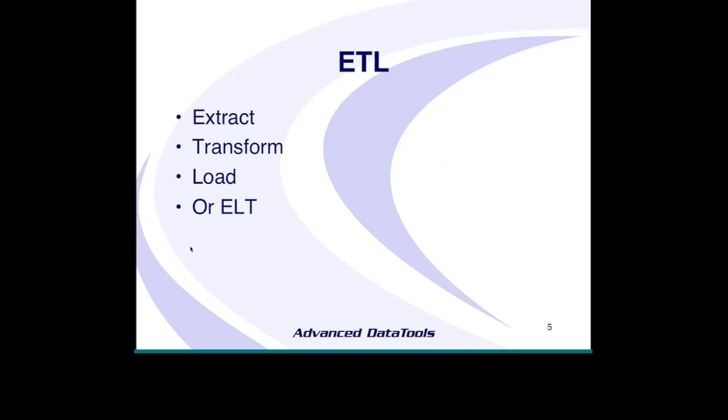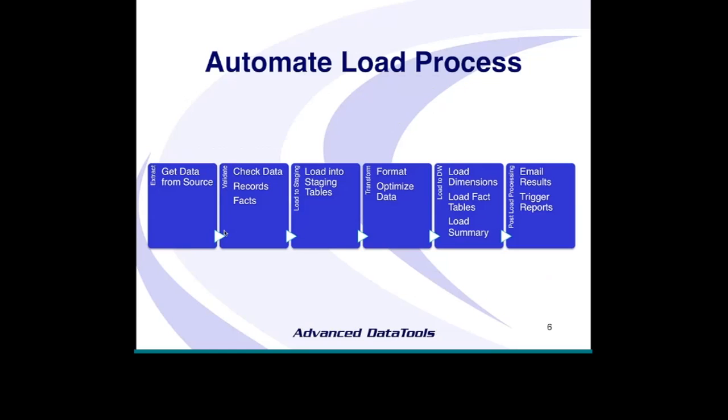So you've probably heard the term ETL, which is the extract, transform, load process. Some people like to reverse it and say it's ELT, extract, load, and then transform. I kind of take a different view of it, and I break it down into these steps. The first step is to get the data from a source system.